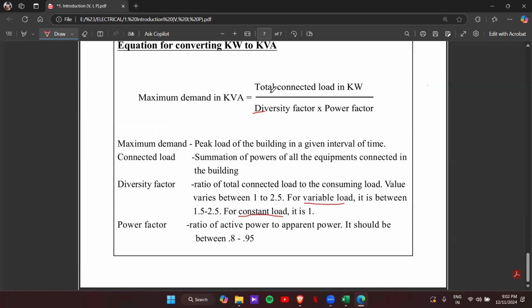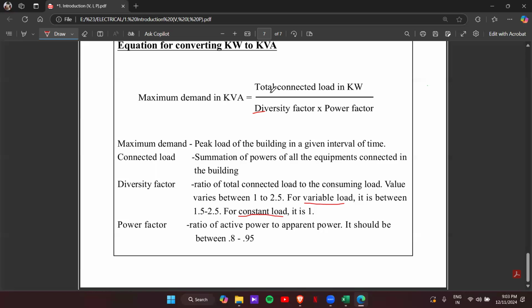And how to decide? For example, if you are considering a residential project, we'll consider it as variable load, because if you have a certain connected load, let's say 6 kilowatt for that building, every day we don't use 6 kilowatt.